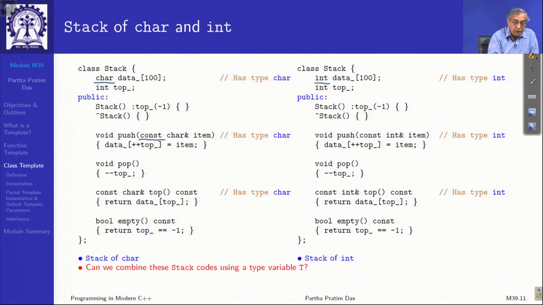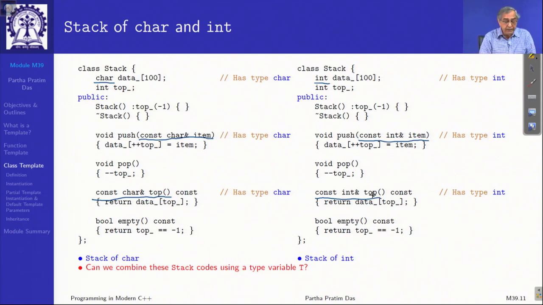When I push, I need to push a character to the stack here, whereas I need to push an integer here. Constructor and destructor have nothing different. Pop also has nothing different, but when I do top, I get a constant character reference here, whereas for a stack of integer I get a constant integer reference. Again, empty does not differ.